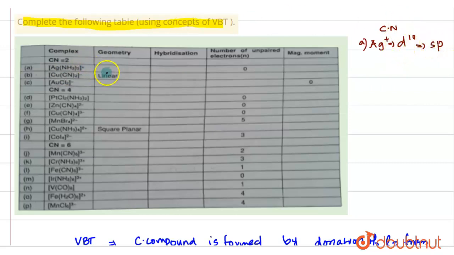So we get hybridization as sp, which means the geometry will be linear. So hybridization sp, geometry linear, and the number of unpaired electrons is 0 because d10, d is fully filled.